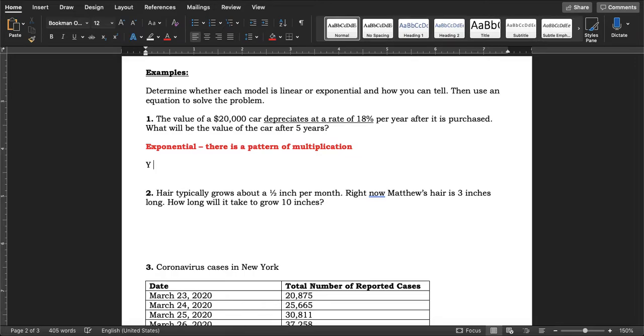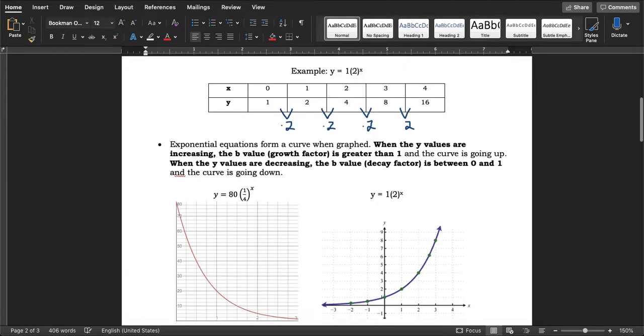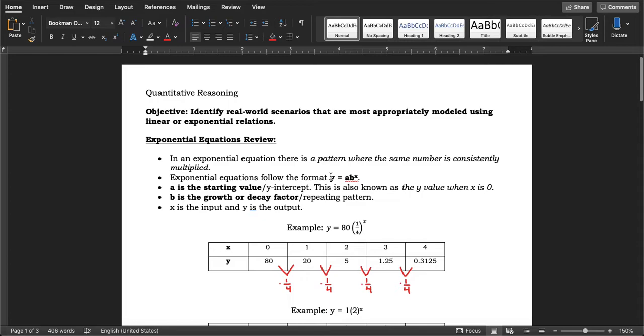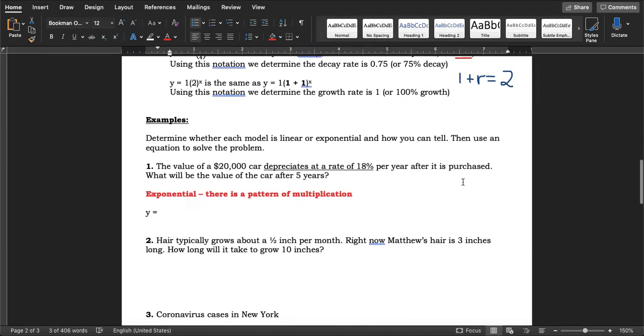Let's say we try to write the equation using the basic format, using a times b to the power of x. So remember, a is the initial amount, right? Our initial amount is 20,000. Let's say that we assume 18% is the pattern. So let's say we just plug in 18. We assume that's the factor.